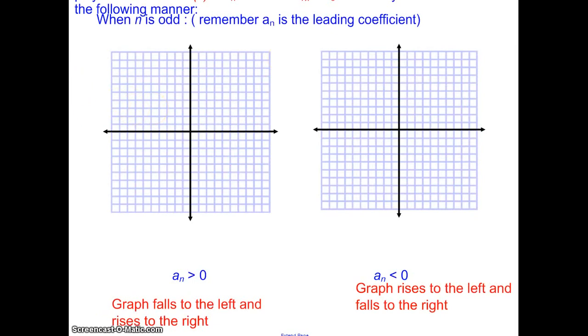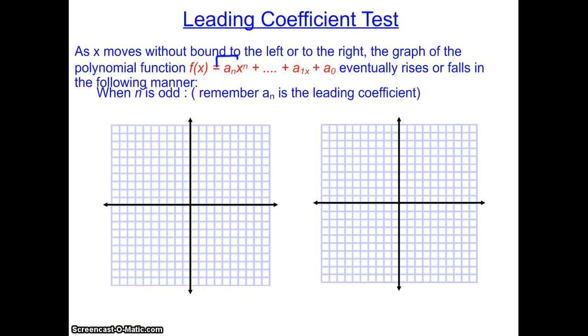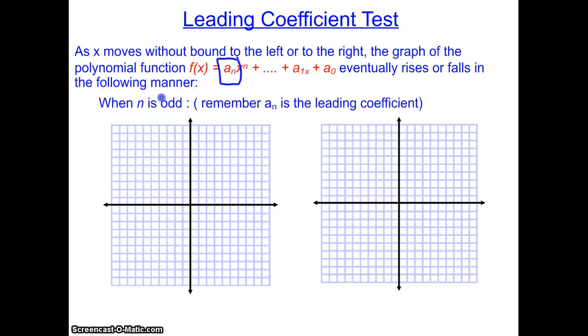Okay, let's talk about the end behavior. The leading coefficient determines the orientation of the graph. Remember that the leading coefficient is the number in front of your highest degree. So we're just going to look at the odd degrees. That would be a cubic, a quintic, x to the 7th, and so on.